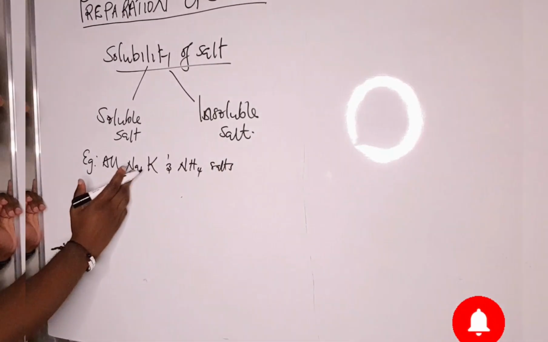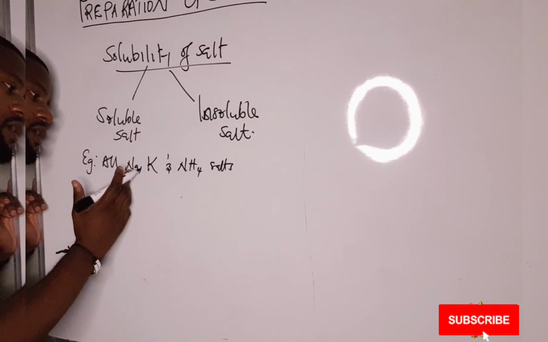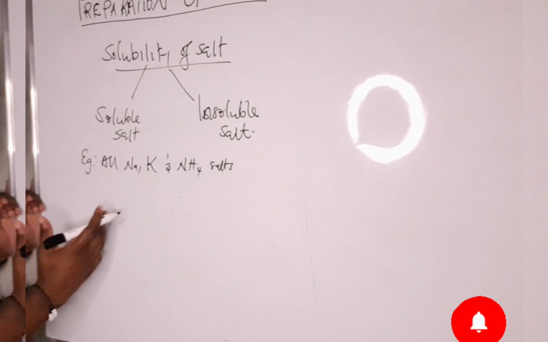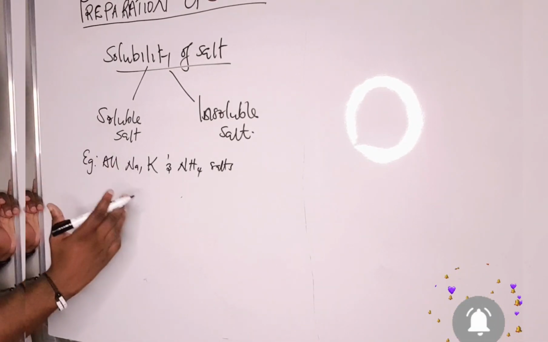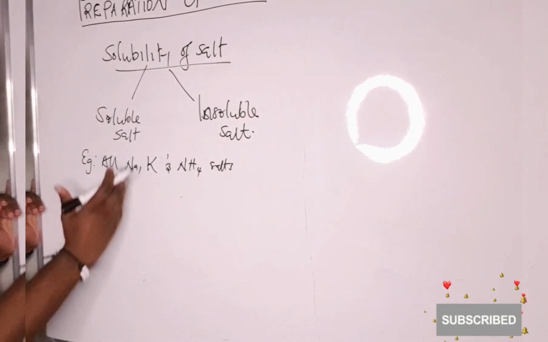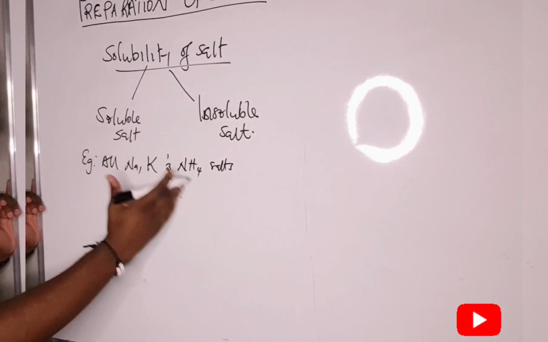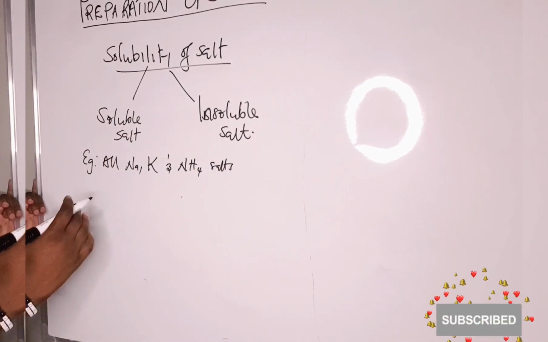We can talk of sodium sulfate, sodium phosphate, sodium chloride. All the sodium salts are soluble in water. All the potassium salts are soluble in water. All the ammonium salts are soluble.